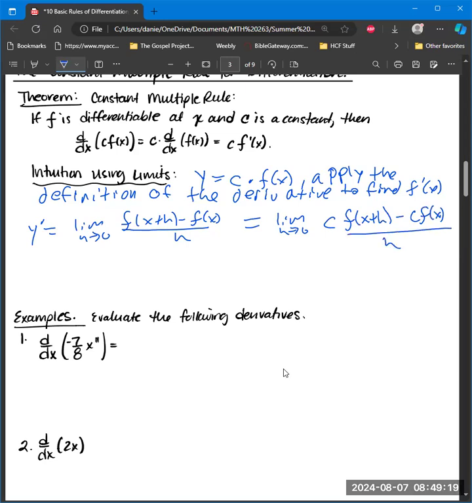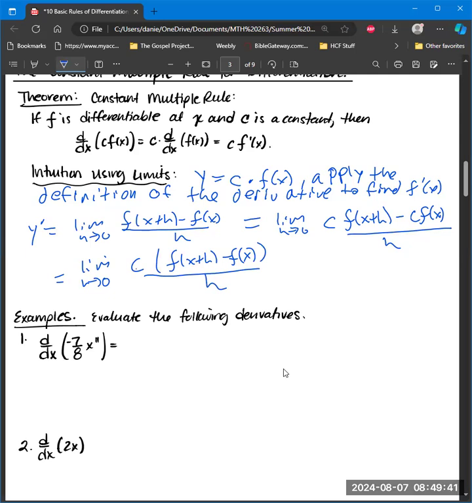That c is a constant multiplier. That's going to be c times the limit as h goes to 0 of f of x plus h minus f of x divided by h.